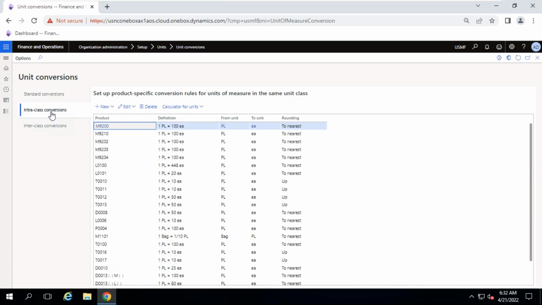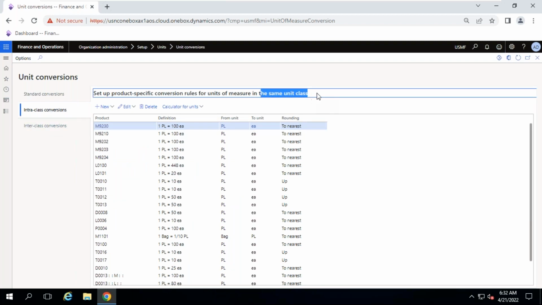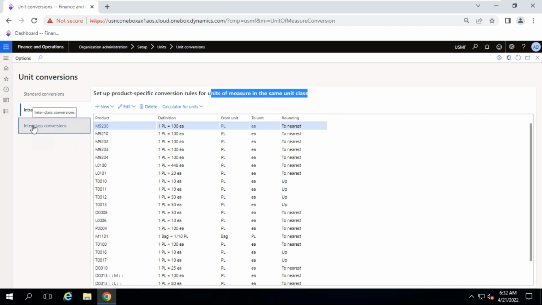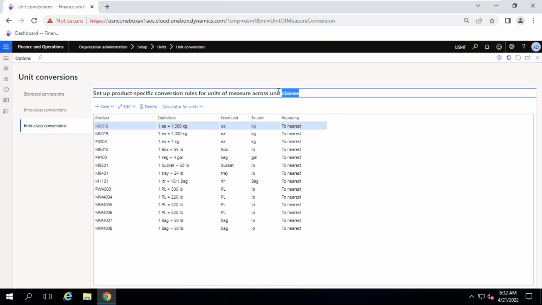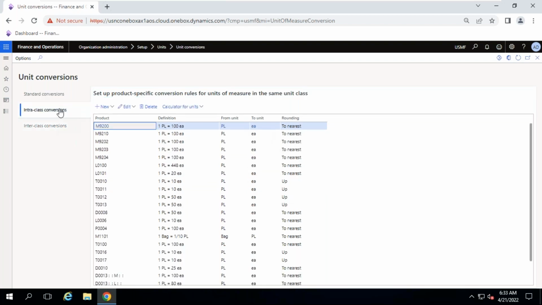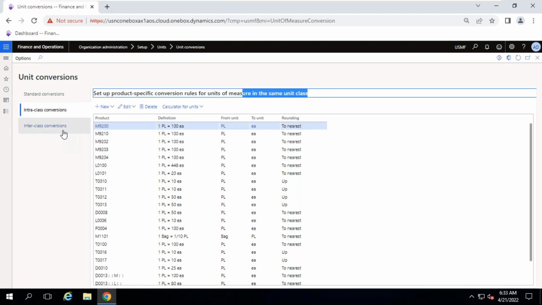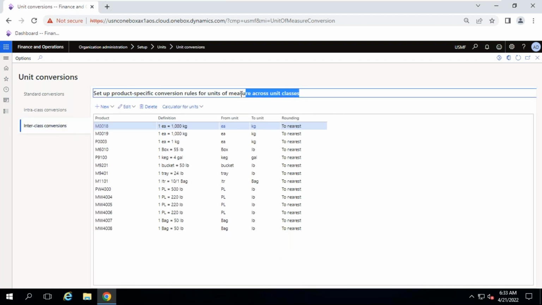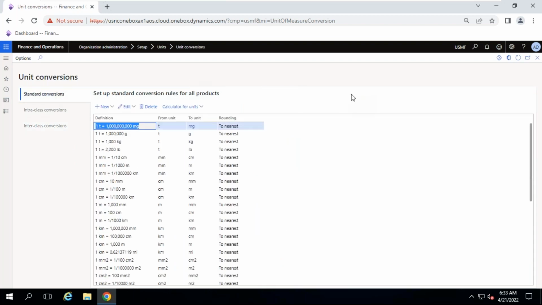Intra-class means the same unit class. Inter-class means different unit class, any unit. So kgs is like this same unit class, and this is a different unit class. Fine. So this is unit conversions.